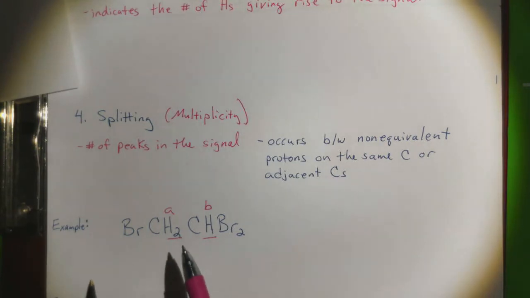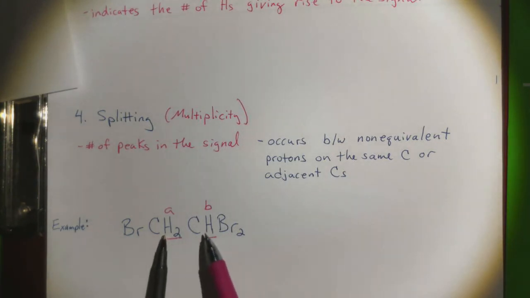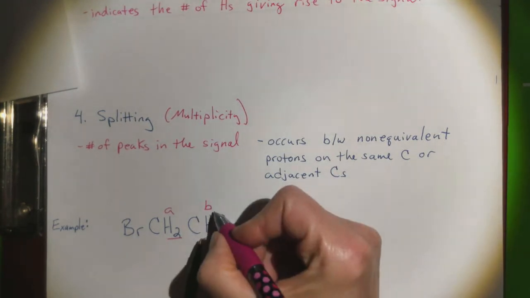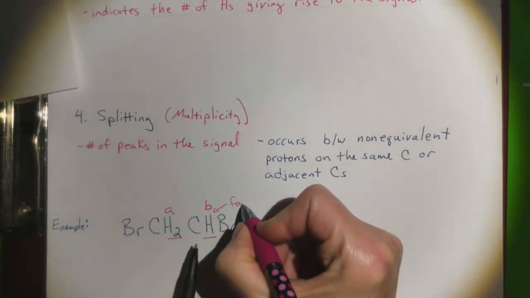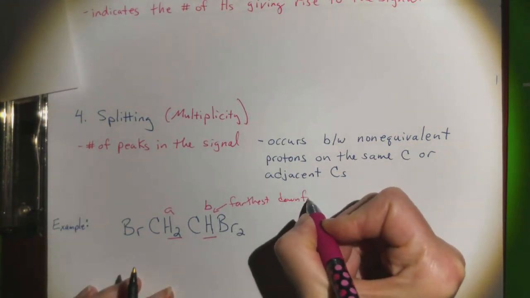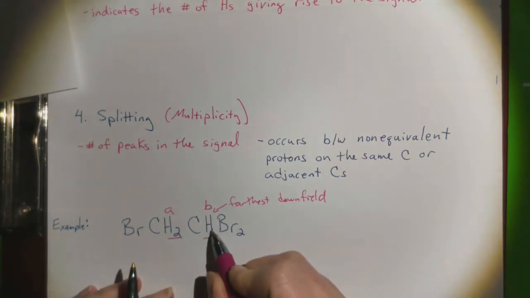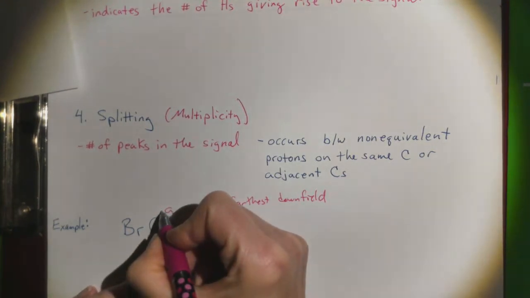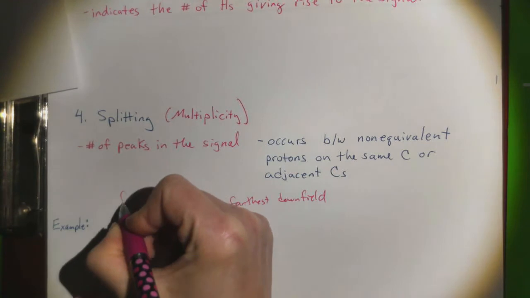We've got alkyl bromides going from 3.4 to 3.6 ppm. Could we say between these two which signal here would be the farthest downfield? Well, we've got 2 bromines attached to this carbon and only 1 attached here. So we expect this to be the farthest downfield, since that proton should be the most deshielded. And then this one here should be the farthest upfield.